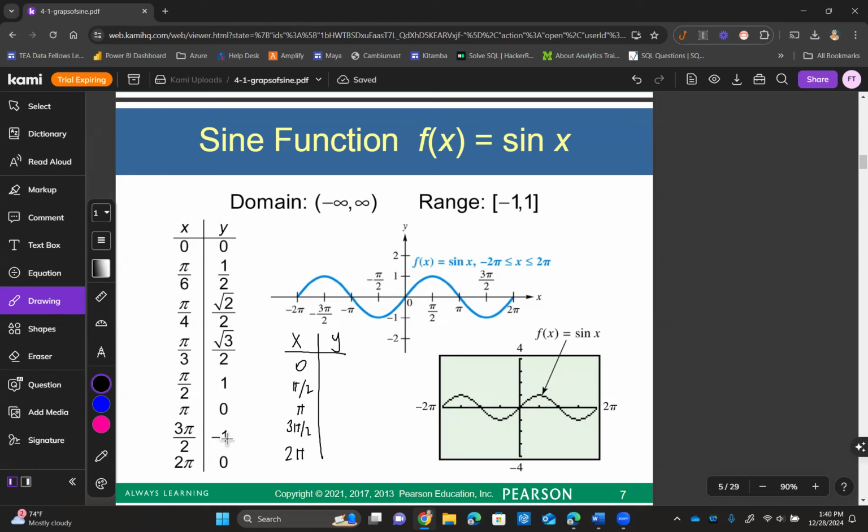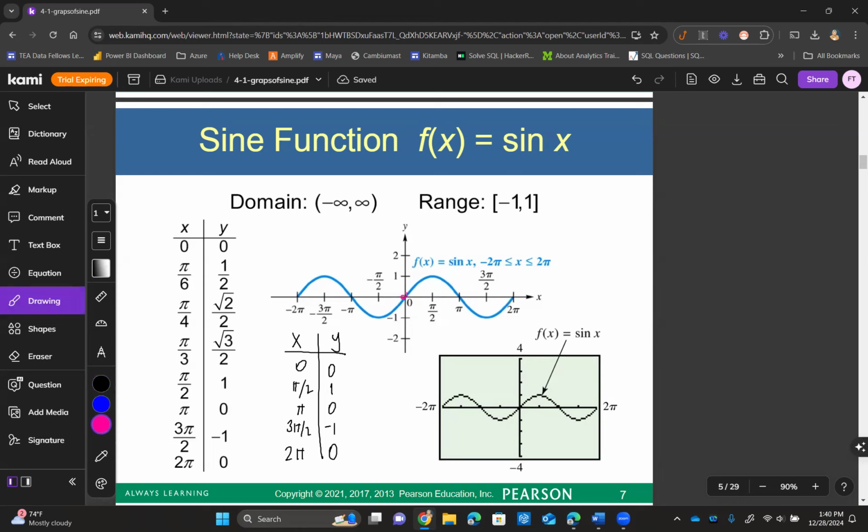If I can just get the corresponding y values for these 5 angles, sine of 0 is 0, sine of pi over 2 is 1, sine of pi is 0, sine of 3 pi over 2 is negative 1, and sine of 2 pi is 0. And just showing these 5 points will be enough for me to sketch the curve on my own.